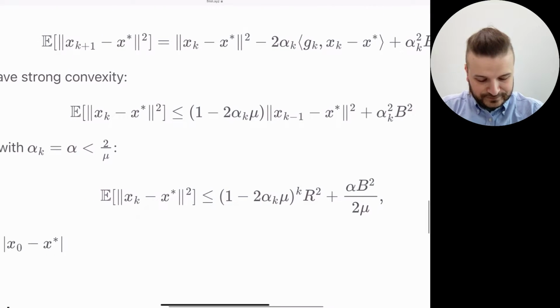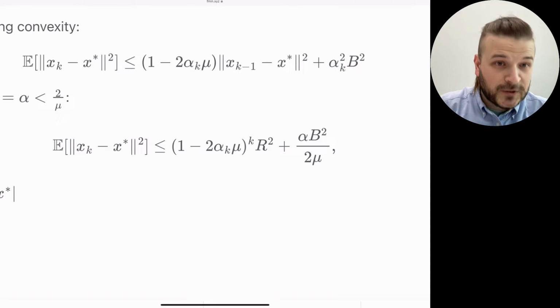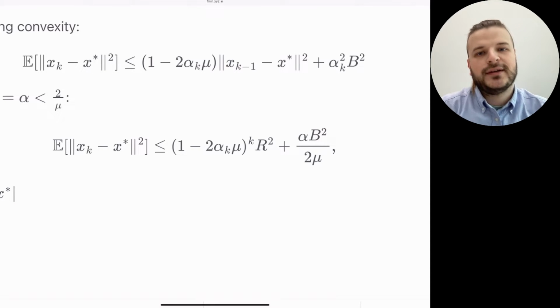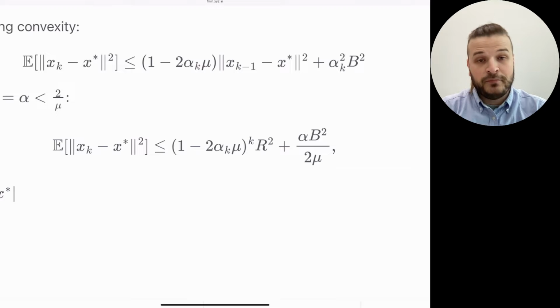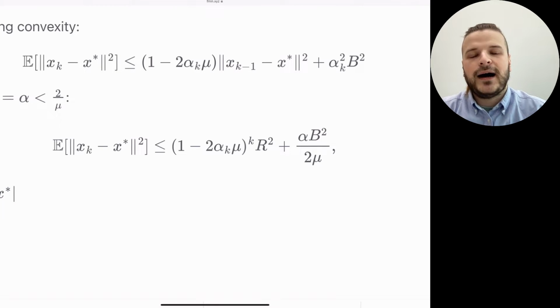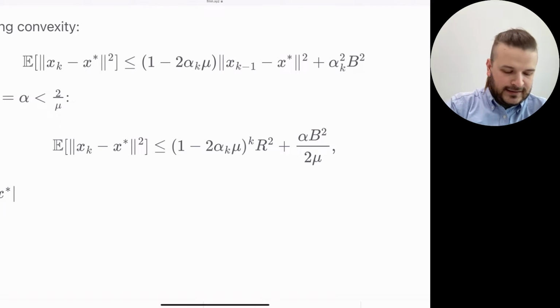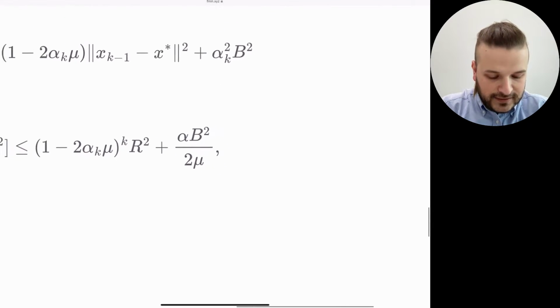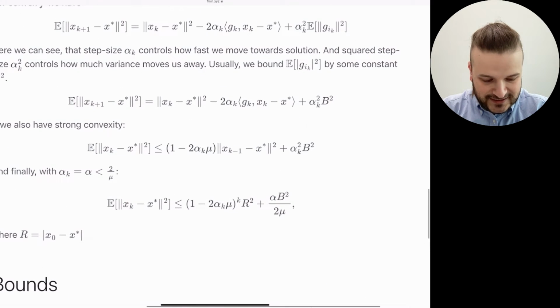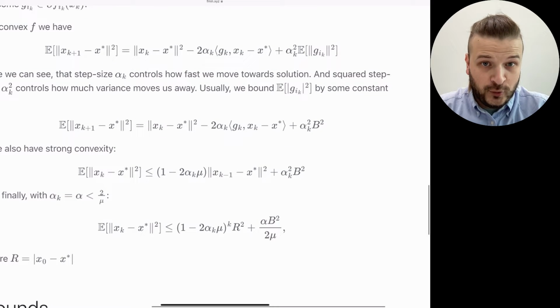For example, here's the result for the strongly convex function, and mu here stands for the strong convexity constant, alpha stands for the learning rate, the step size, and B actually stands for the bound of the gradient norm.